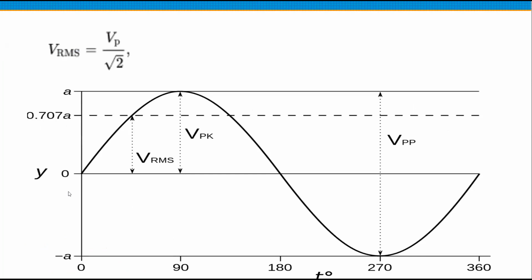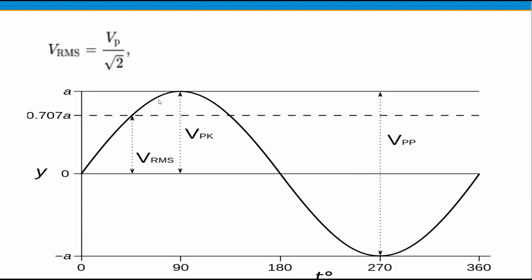Here's an example of a nice sine wave. And we have our peak voltage and our peak to peak voltage. So this is actually equivalent to your AC power. It's actually going to be around 340 volts peak to peak, even though you think it's 120, it's 120 volts RMS.